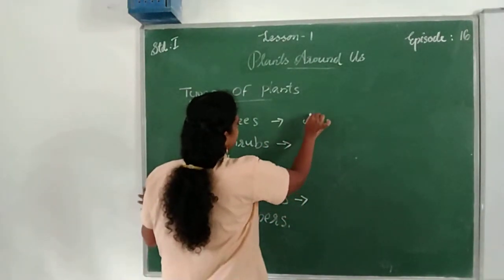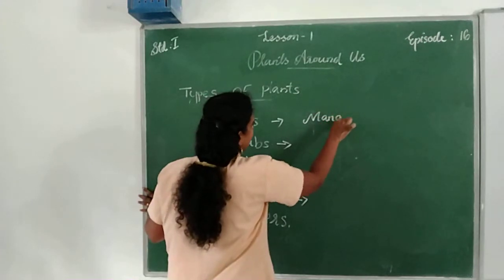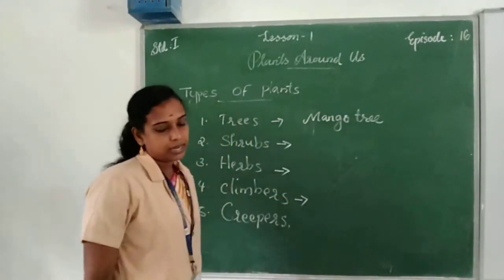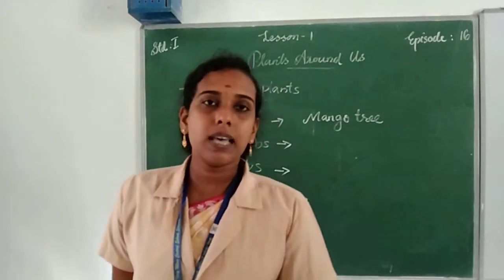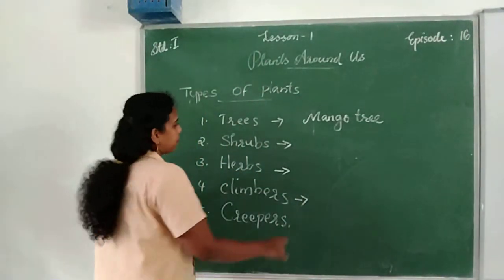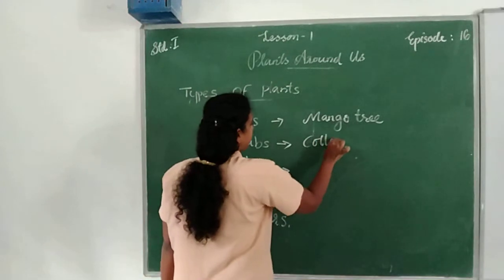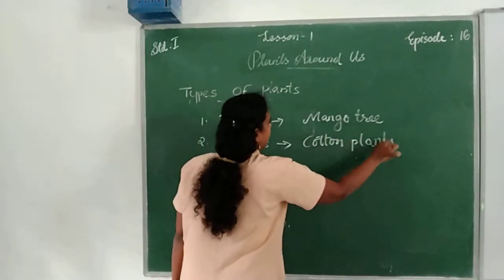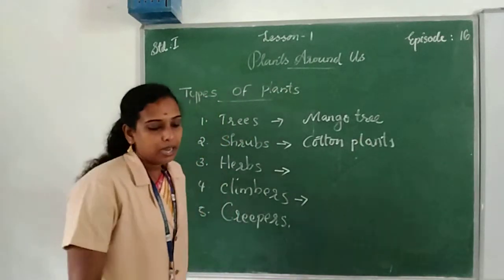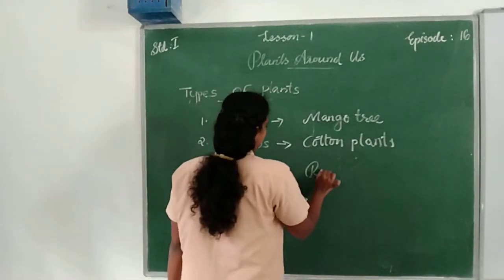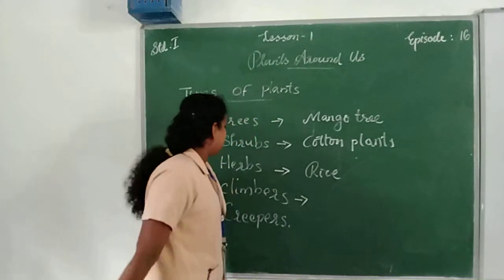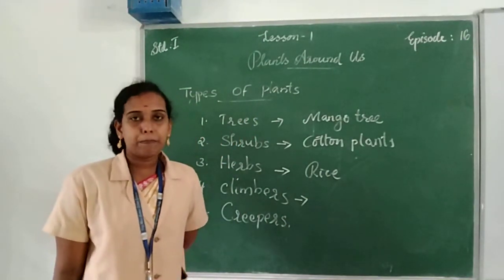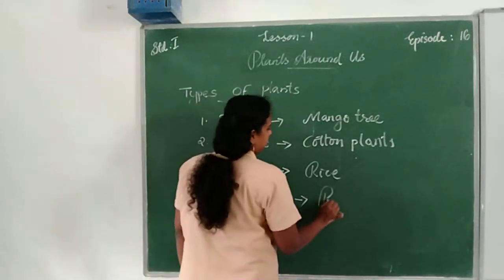Examples for trees are mango tree, apple tree, etc. Examples for shrubs are rose and cotton plant. Examples for herbs are rice, petunia, tulsi, etc. Examples for climbers are grapevine, pea plant, money plant.